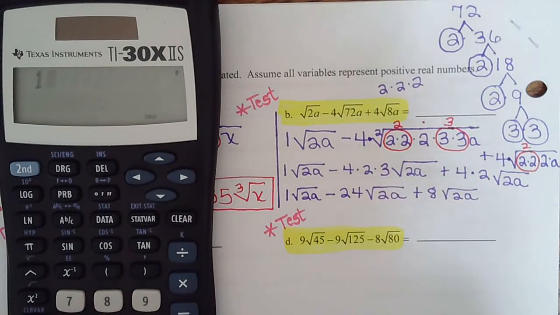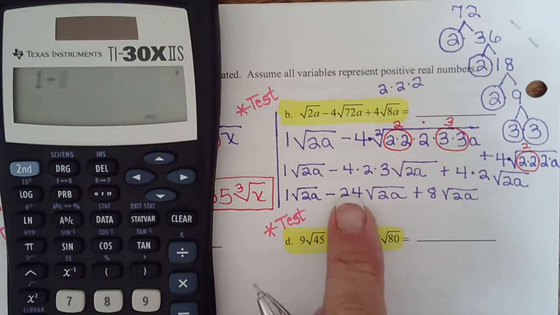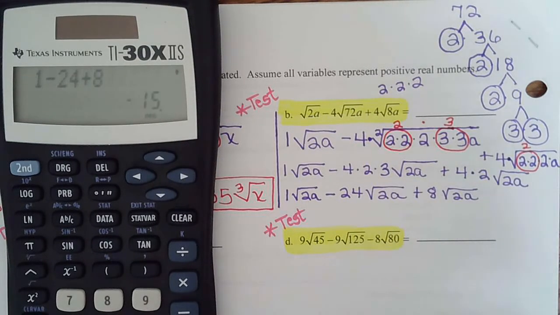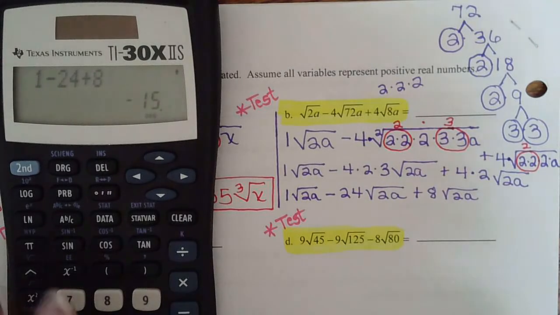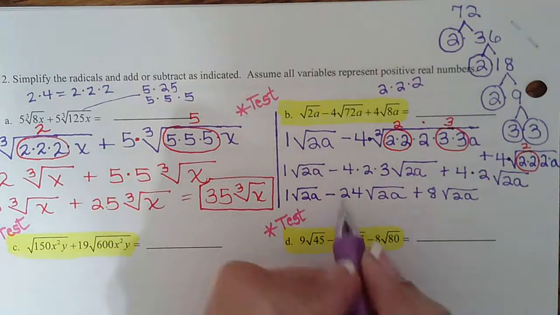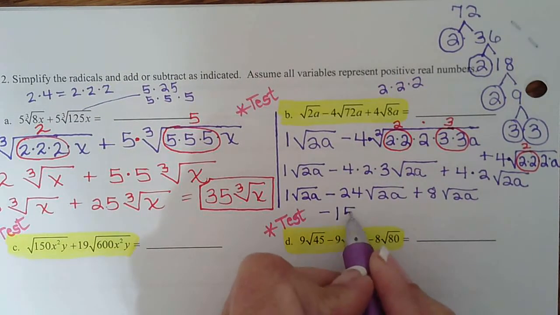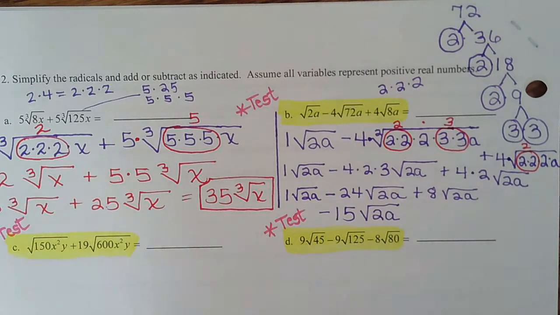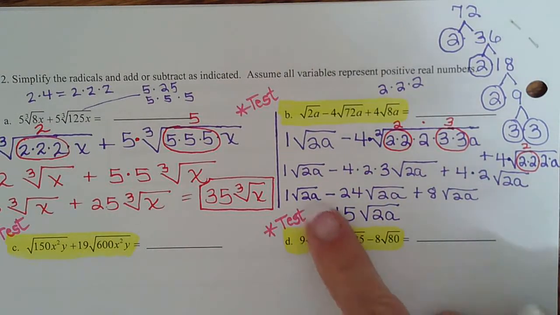So 1 minus 24 plus 8 would be negative 15. And then we tack on the radical. So there's our answer: negative 15 radical 2a.